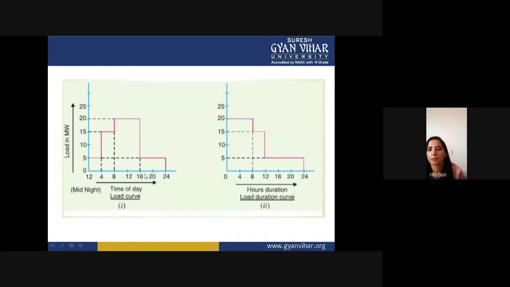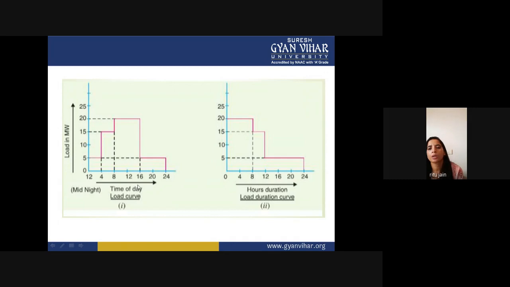Then the load is 5 megawatt for 12 to 24. So this is the difference between the daily load curve and the load duration curve.